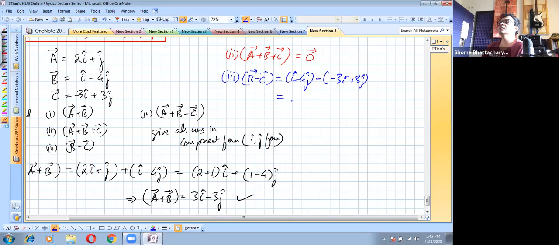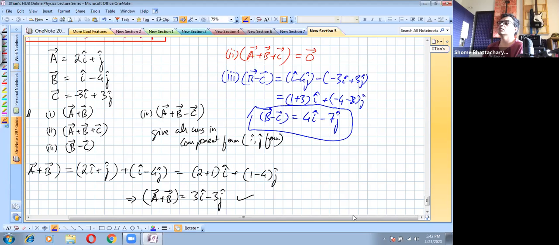So this will become 1 minus minus, so plus 3 i cap, plus minus 4 from here, and then again minus 3 from here. So it's becoming 4 i cap minus 7 j. This is what we should be getting for our b minus c. You can just verify my solving also. I believe it should be correct. So you can see 1 minus of minus 3, so plus 4, and minus 4 minus of 3, so that's minus 7. That is correct.